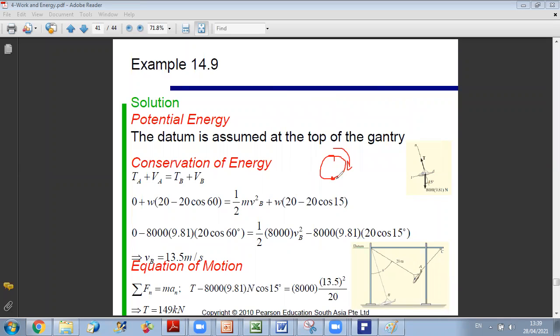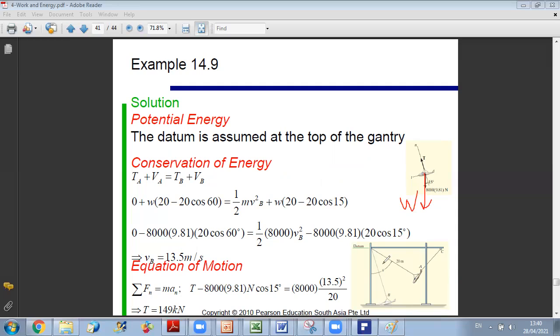Okay, and here the same for tension. The tension is not doing any work here, so the only force doing work is the weight. And since the weight is a conservative force, I can apply the conservation of mechanical energy in this problem. And if you also want, we can do the principle of work and energy, both are right. We will do both of them here and you will see that it's equivalent.